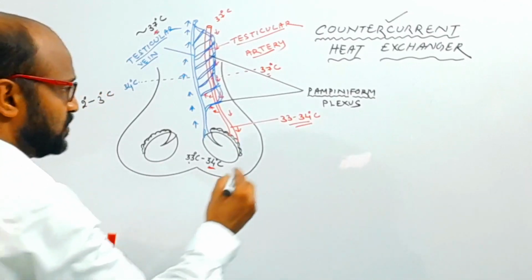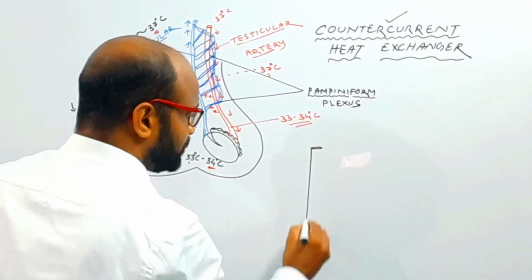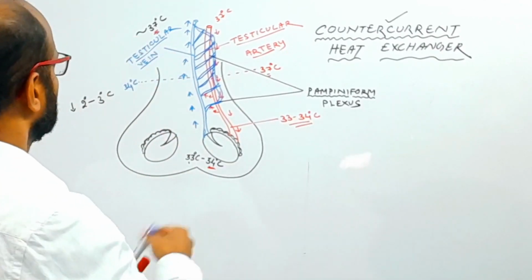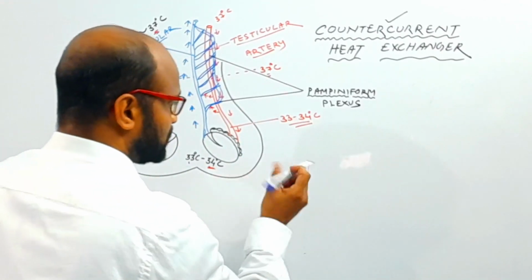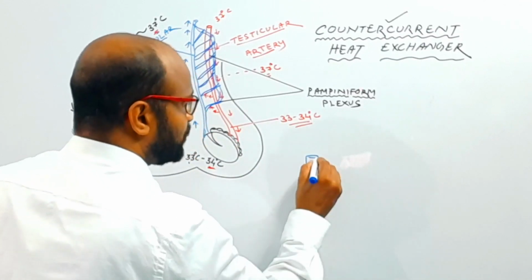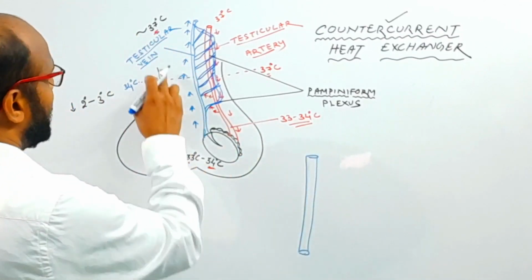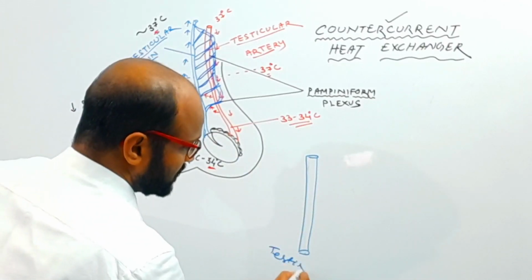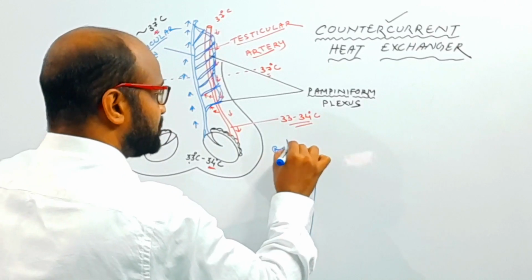Suppose this is one branch of vein, and suppose this is the testis and this is the body.